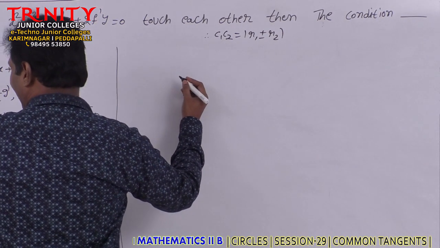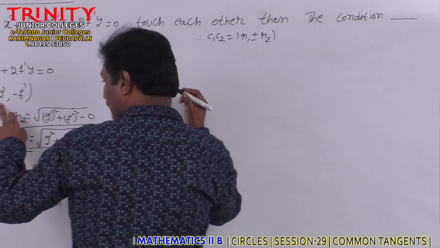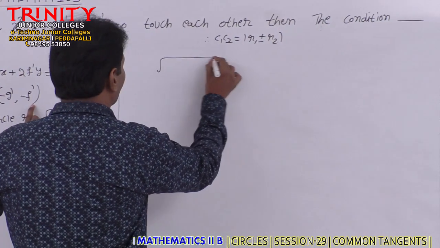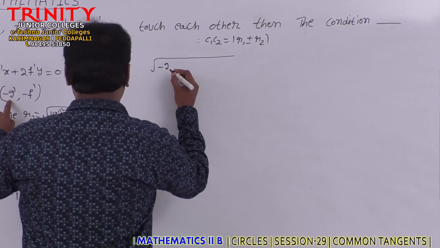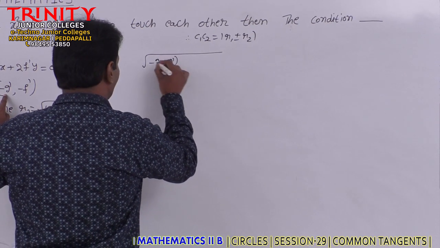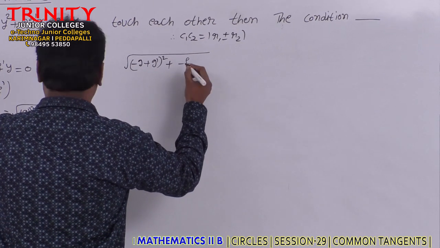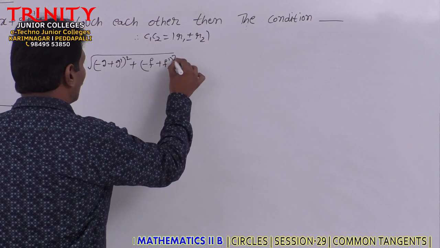C1C2: center of the first circle is minus g comma minus f, center of the second circle is minus g dash comma minus f dash. C1C2 equal to square root of (minus g minus of minus g dash) whole square plus (minus f minus of minus f dash) whole square.